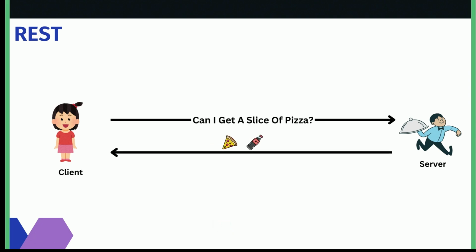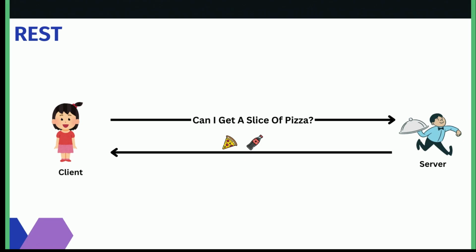The client is making an API call to get a slice of pizza, and the server doesn't understand the client request in a proper way, because the server knows, okay, if I get any API call to this particular endpoint, I know what is the response I have to send back to the client. So we designed the API that way.